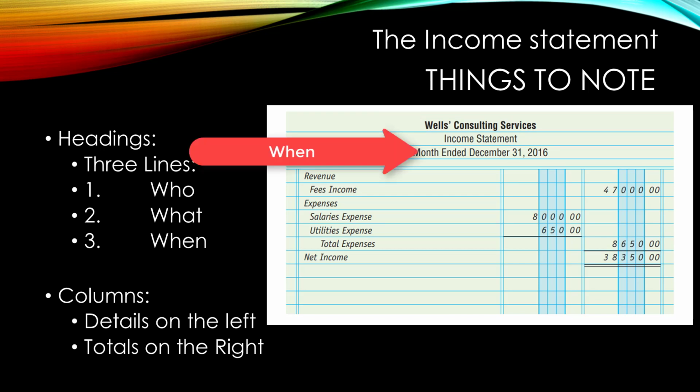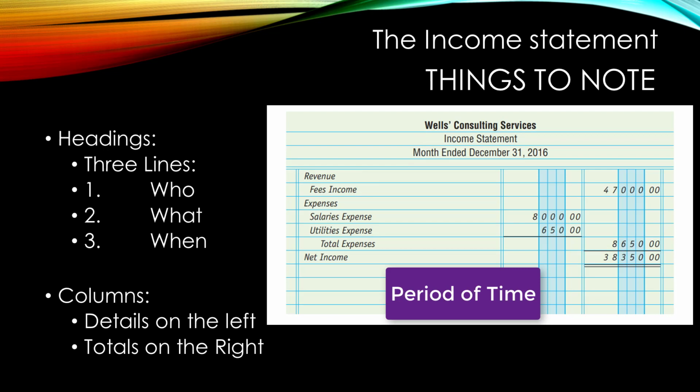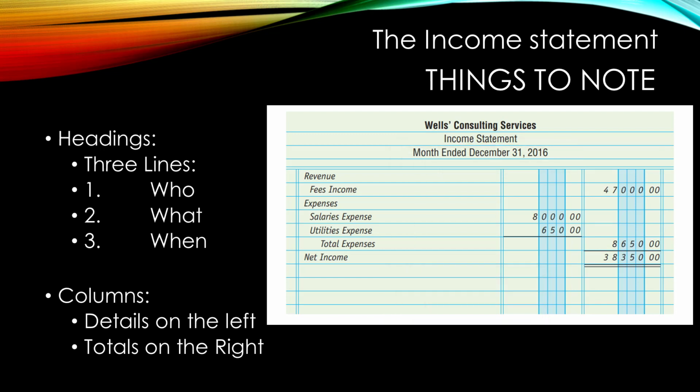The when is either a period of time or a snapshot at a specific point in time. As you see, the income statement is for a defined period of time. Some other things to note on the income statement is that there are 2 columns for numbers.